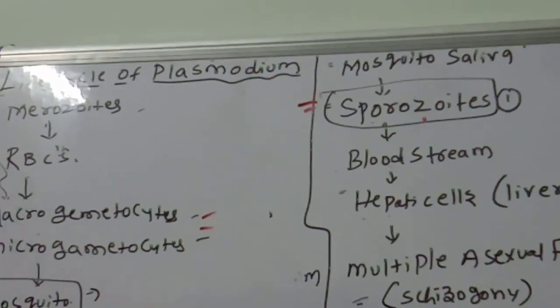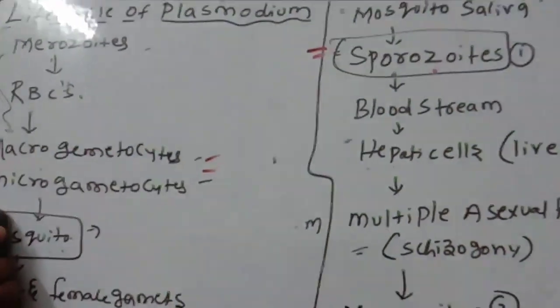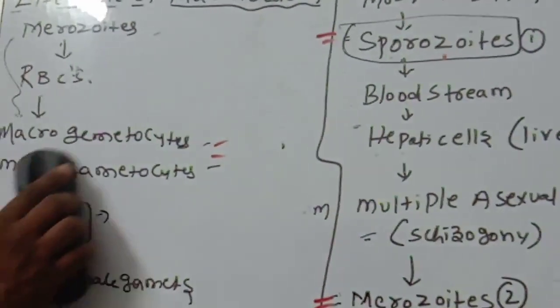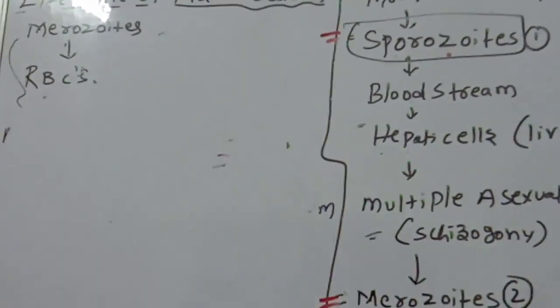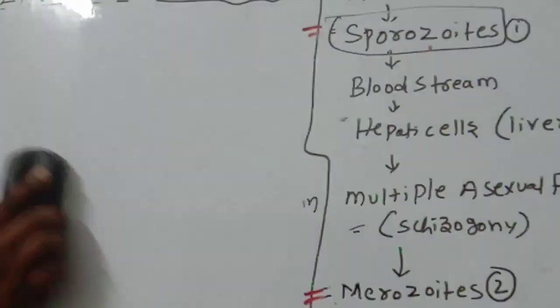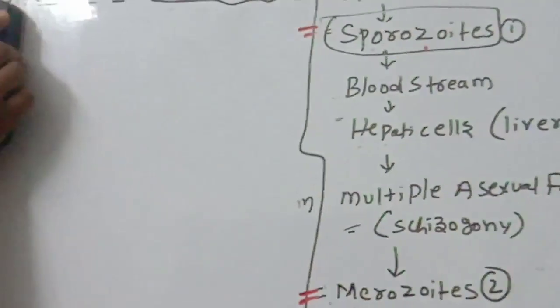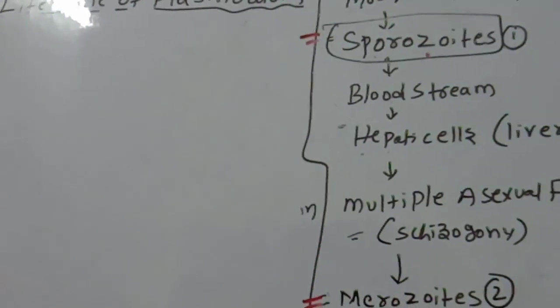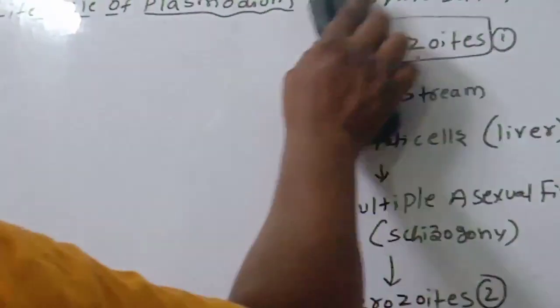Children, now we are going to discuss some changes caused by malaria. Some pathological changes. What kind of problems will there be? This is the life cycle, no? Now, what kind of changes will there be in malaria, or how do they destroy the RBC? That one we are going to discuss.